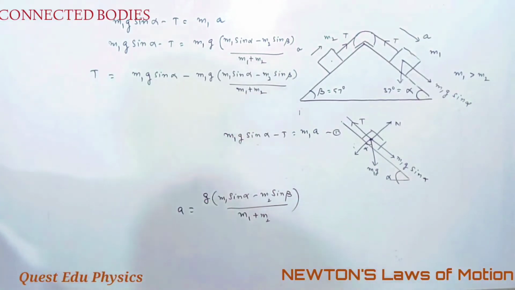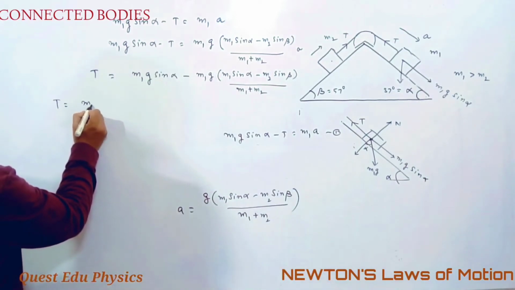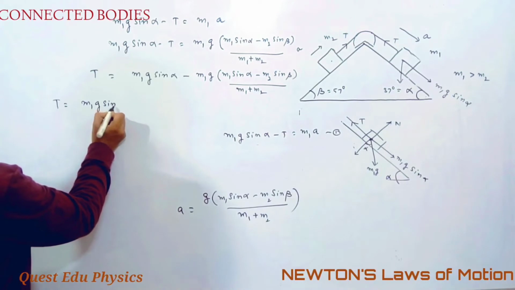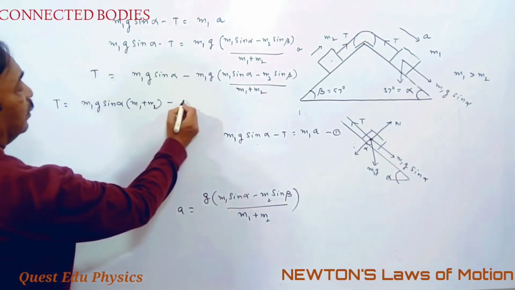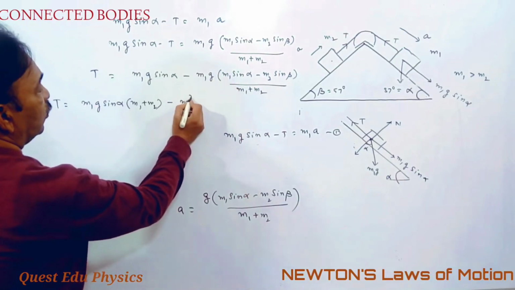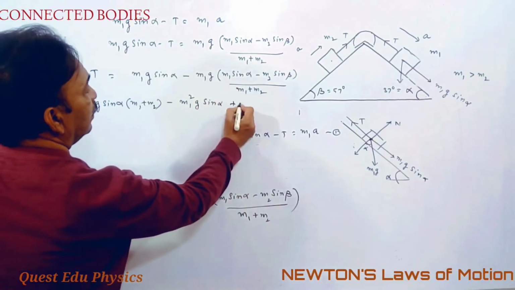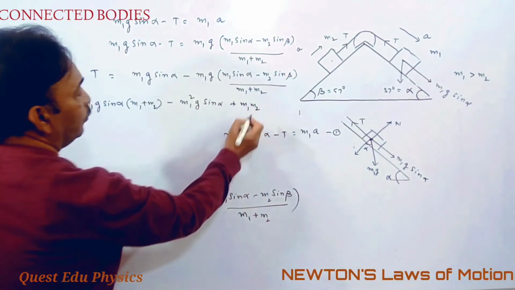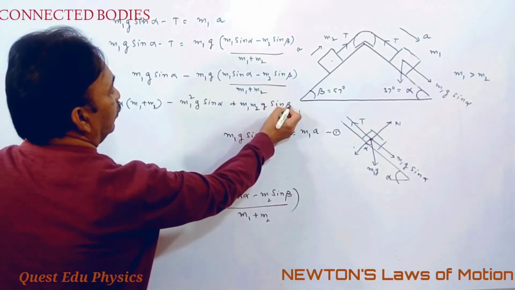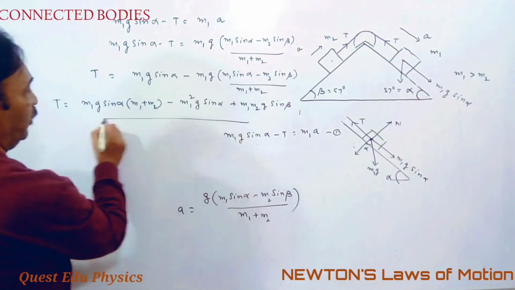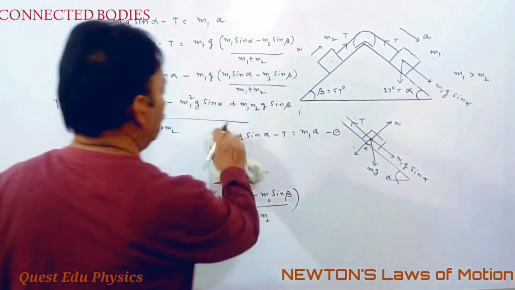Okay students, then you can write it as m1g sine alpha of m1 plus m2 minus m1 square g sine alpha plus m1 m2 g sine beta, whole divided by m1 plus m2.